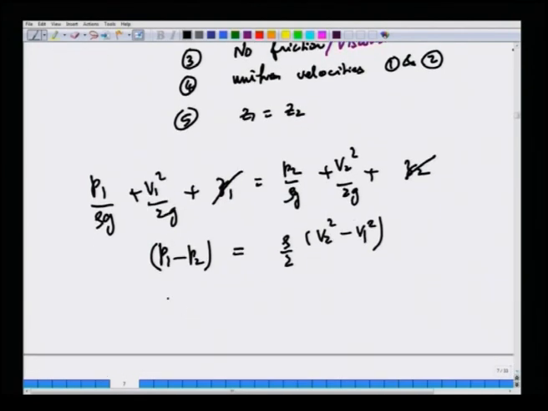Okay. Now, if you use the continuity equation, the mass balance equation, rho V1 A1 is rho V2 A2. Since the fluid is incompressible, density is constant, so you can cancel it out. So, V1 by V2 is simply A2 by A1.